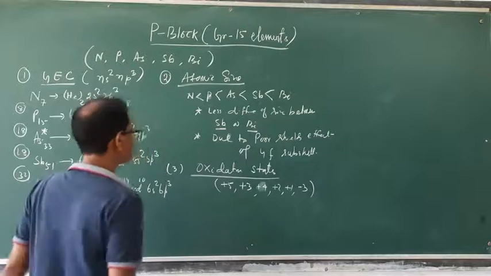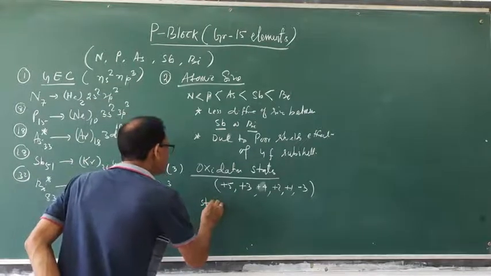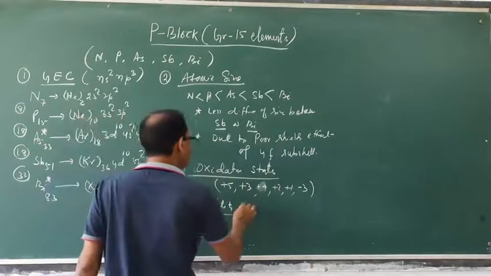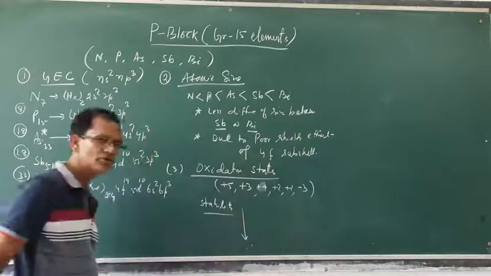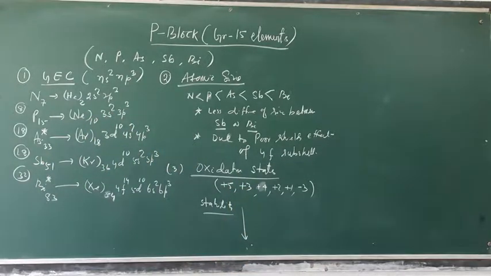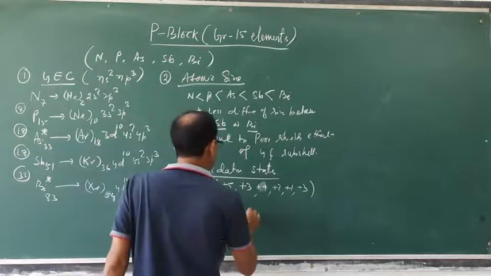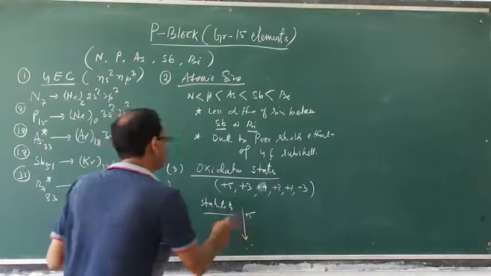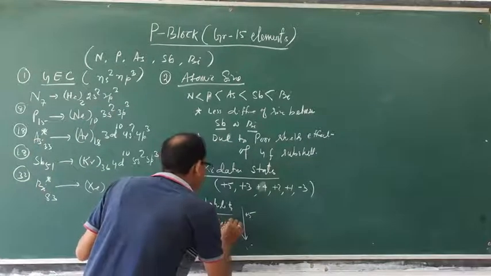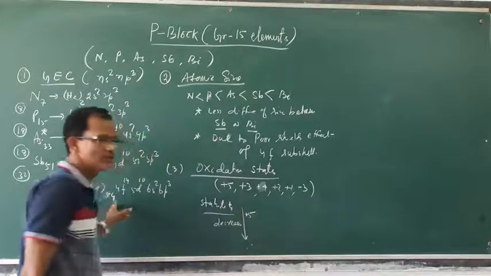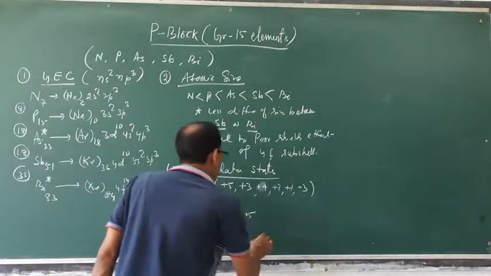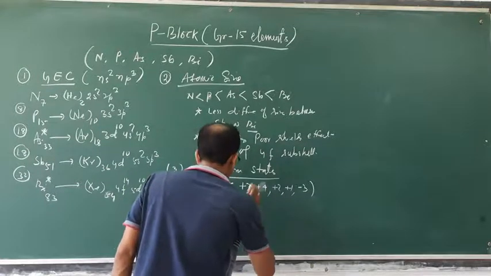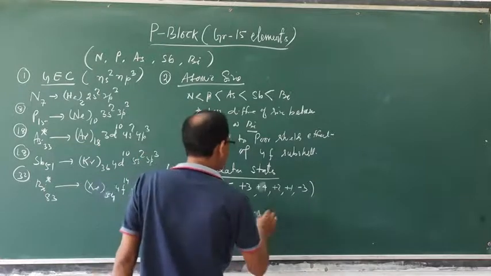But if you discuss the stability of the oxidation states down the group, the stability of the plus 5 state decreases, but the plus 3 oxidation state stability increases.